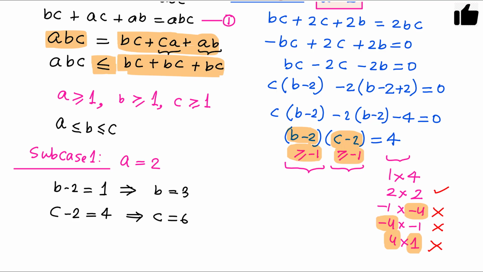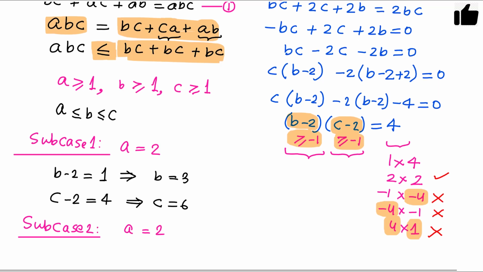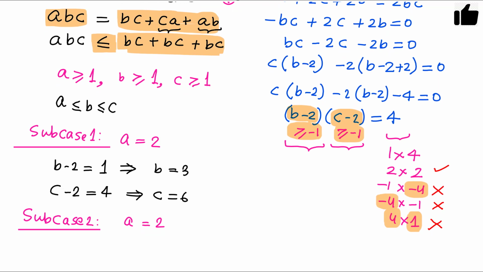Now subcase 2. We already know that A equals 2, but we have to find the other values. In this case B minus 2 equals 2 and C minus 2 is also equal to 2. This means B equals 4 and C equals 4.